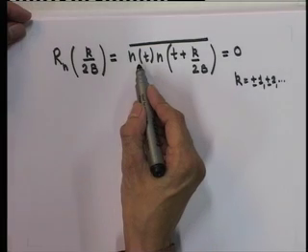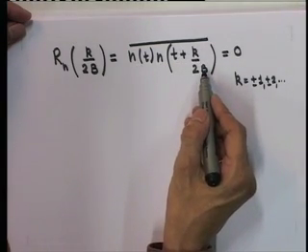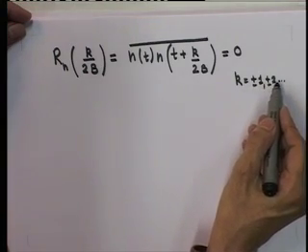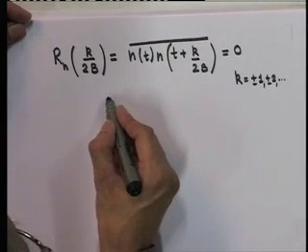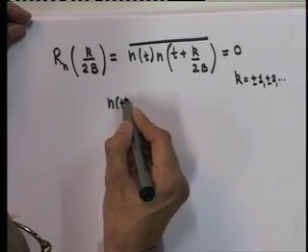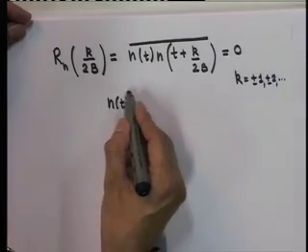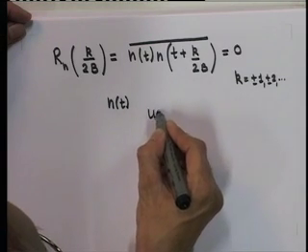Now, because n(t) and n(t plus k by 2B) for k equal to plus minus 1, plus minus 2 are Nyquist samples of the random process n(t), it follows that the Nyquist samples of n(t) are all uncorrelated.